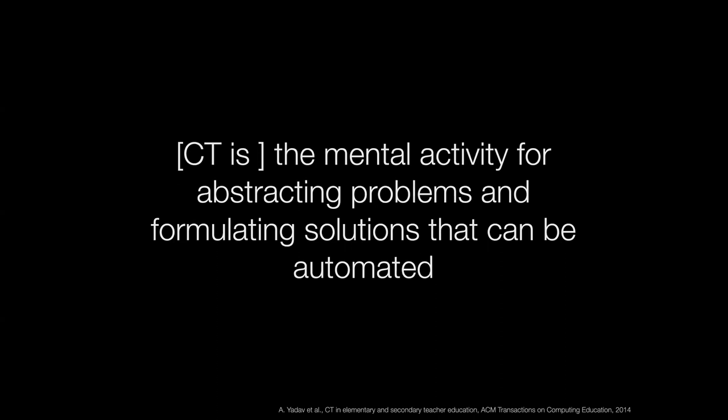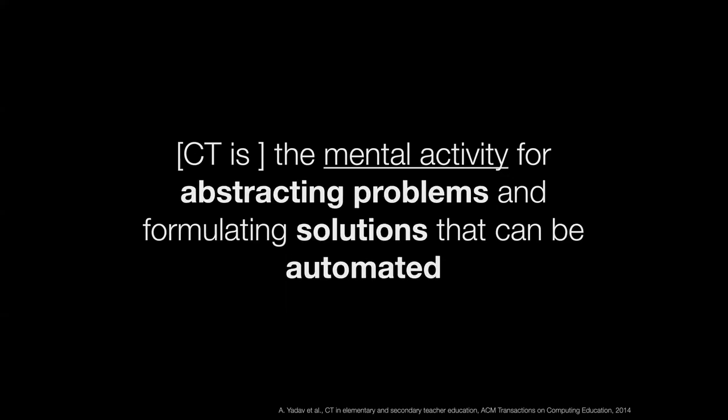Another definition, given the same year when computational thinking became a thing, is in a paper called Computational Thinking in Elementary and Secondary Teacher Education, about how computational thinking should be present in our education path. CT, computational thinking, is the mental activity for abstracting problems and formulating solutions that can be automated.